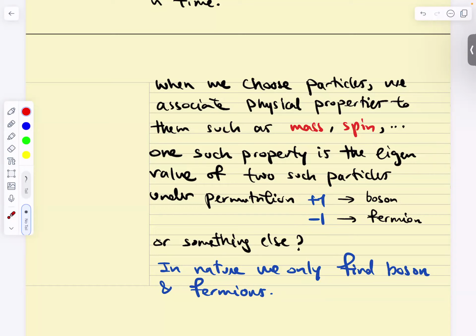If I have two of such particles and I swap them, do I get +1 or -1? If you get +1, you say the particle is a boson. That's a name. If you get -1, you say it's a fermion. This is a purely quantum mechanical concept. It does not exist in classical physics.